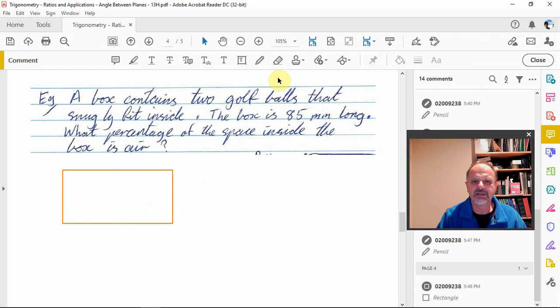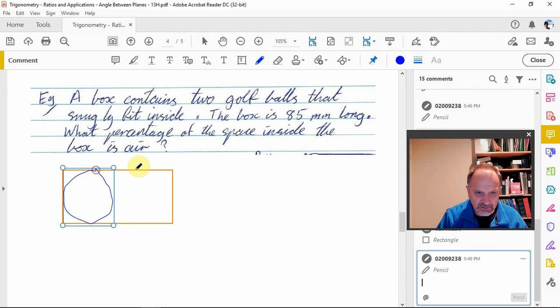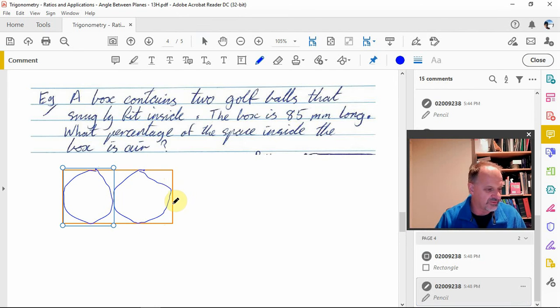All right, so inside my box, I've got some balls. 2 golf balls are sitting in there. I'm just going to draw them by hand. Obviously, they're the little beautiful circles we've got there. And that's 85 millimeters long.